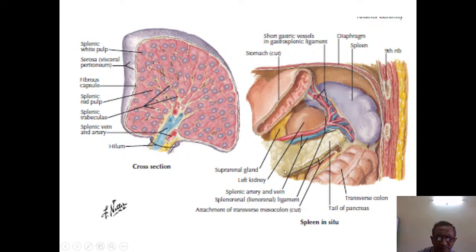Then the suprarenal and left kidney. This part will be the lienorenal ligament between the spleen and the kidney, and it allows the various blood vessels to go into the spleen.